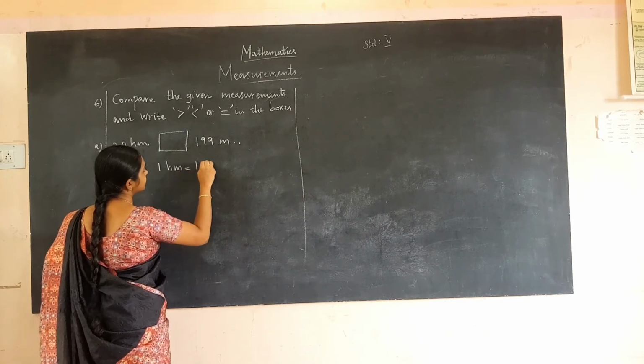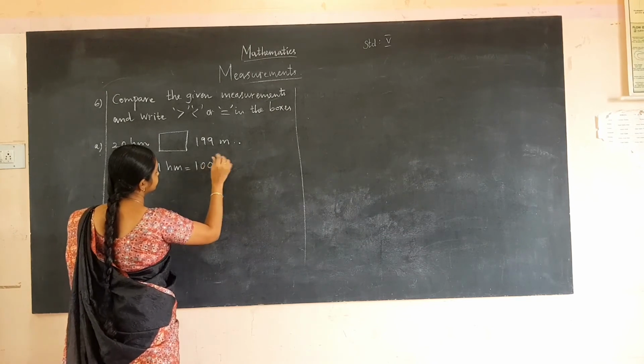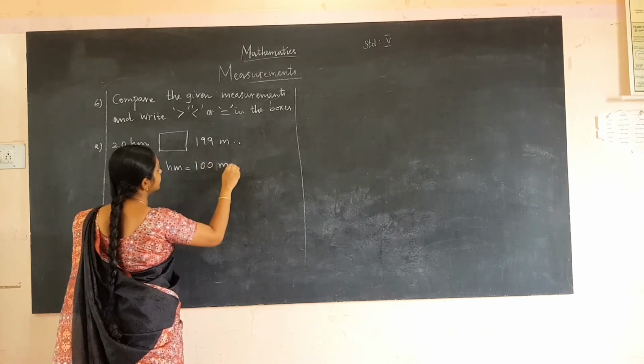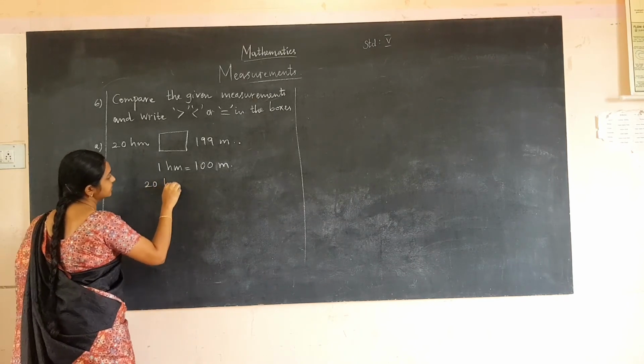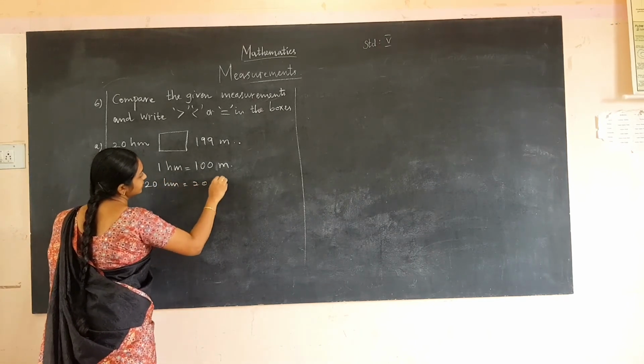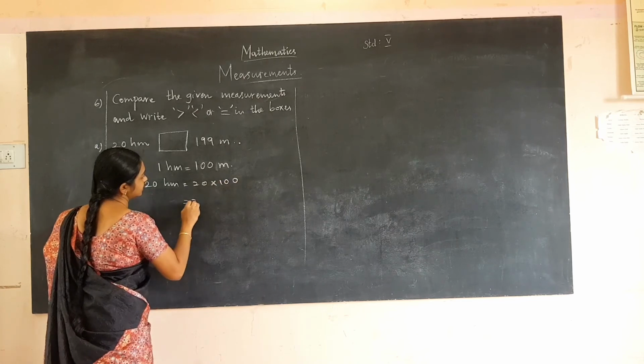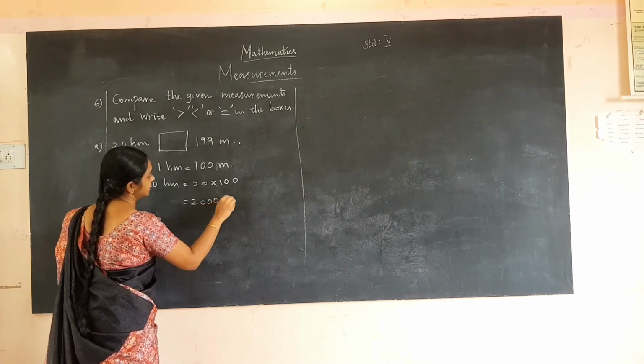One hectometer equal to 100 meter. Then 20 hectometer equal to 20 into 100, that is equal to 2000 meter.